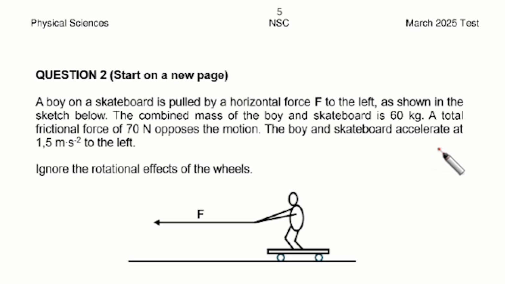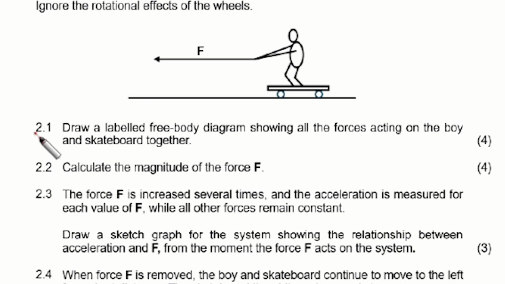The boy and skateboard accelerate at 1.5 meters per second squared to the left. Ignore the rotational effects of the wheels. And then we get to 2.1 that says draw a labeled free body diagram showing all the forces acting on the boy and the skateboard together.